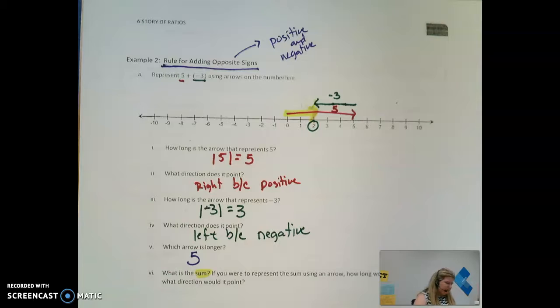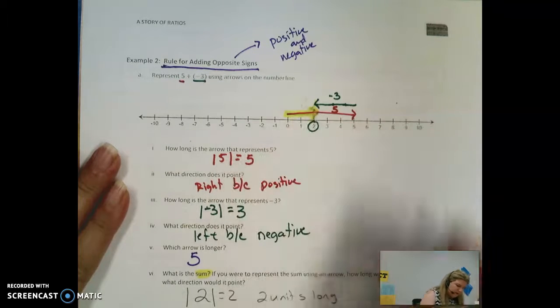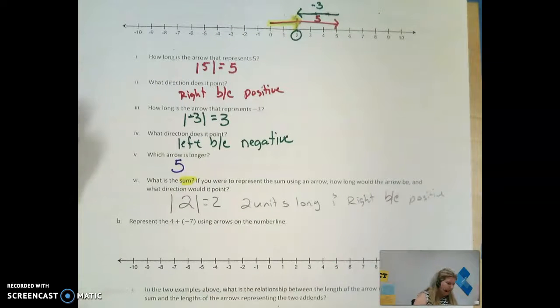I've highlighted it. Okay, so there's the sum. How long would that arrow be, and which direction would it point? It would be 2. Absolute value of 2 is 2. 2 units long, and that arrow is going to the right because it's positive. Let me scoot this up. There we go.